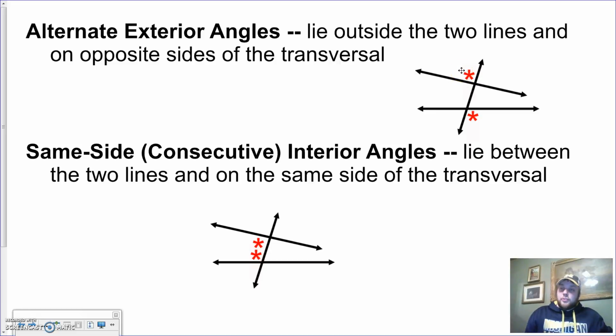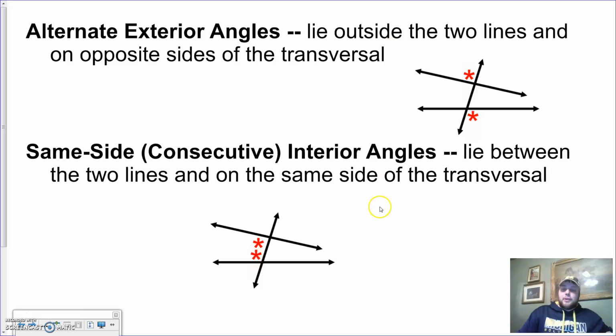They almost could run free. Like they're almost like, oh, I'm free. See this guy, he's free too. But they're not going to, because angles don't do that. That'd be stupid for an angle to do that. Anyways, so they're alternating, they're on separate sides of the transversal, and they're exterior because they're on the outside.